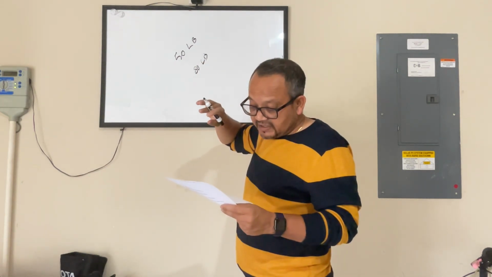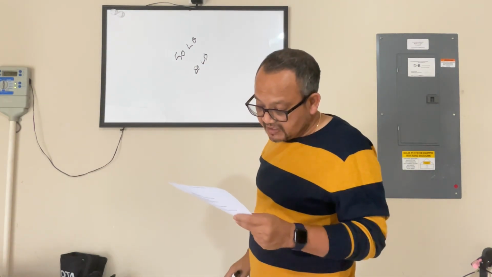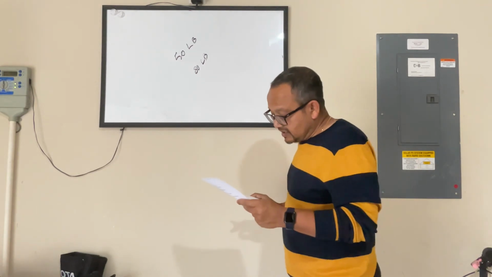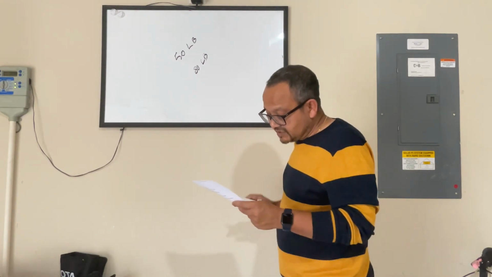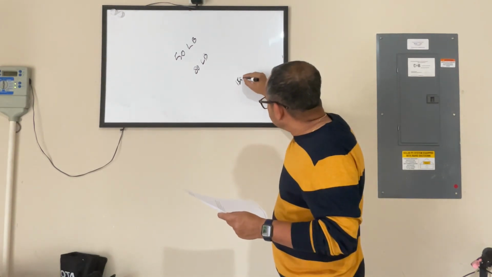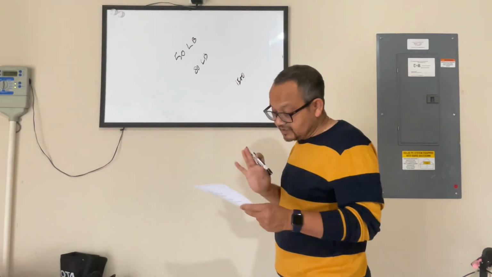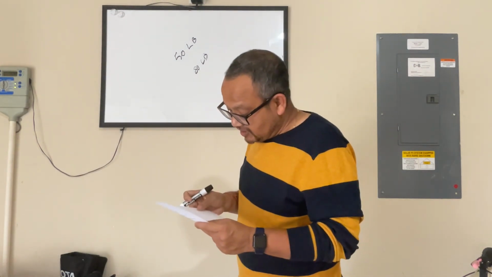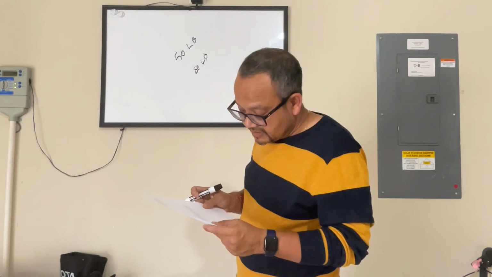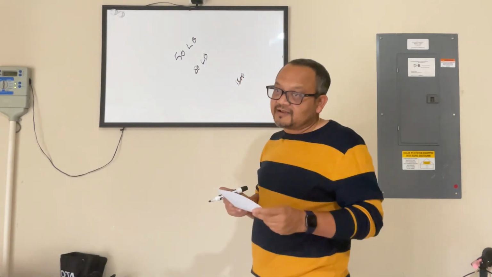For each delivery trip, the van must carry at least 20 packages, and the total weight of the packages cannot exceed 1500 pounds. Okay, this is a good one. At least the question is correct. What is the maximum number of 80 pound packages that the van can carry per trip?